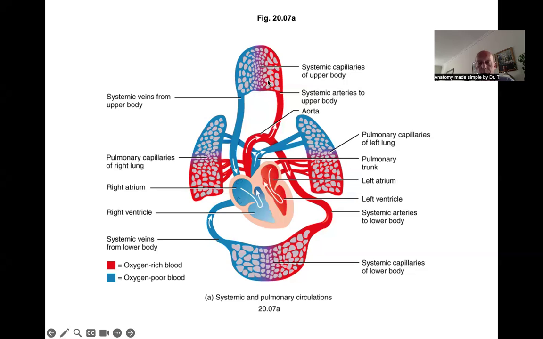And then we have, on the very top and the very bottom part of this diagram, so-called systemic capillaries of both upper and lower body.